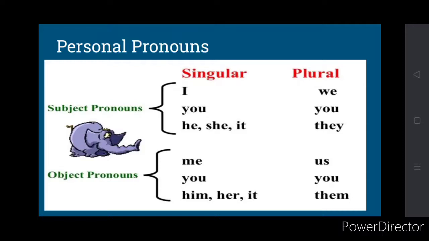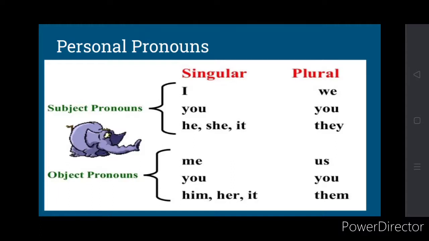Over here, you is the subject, because you is the one who is thinking, and me is the object of the pronoun, because you are telling that to me.